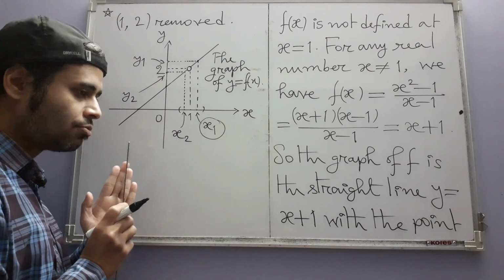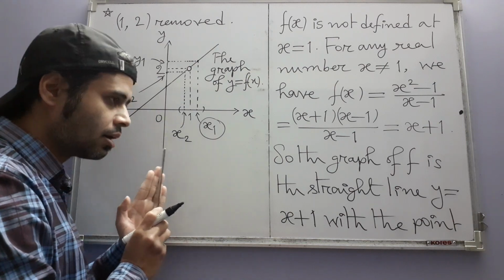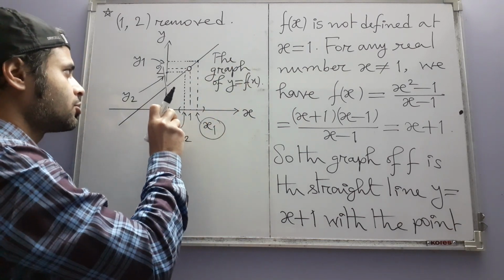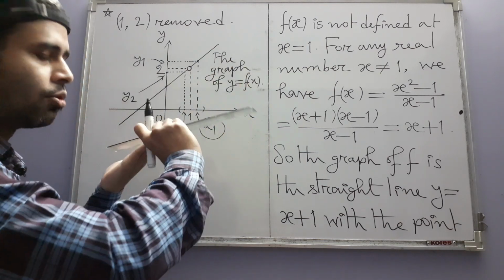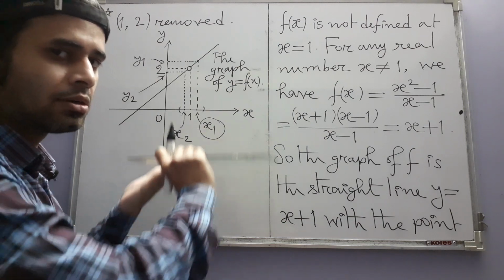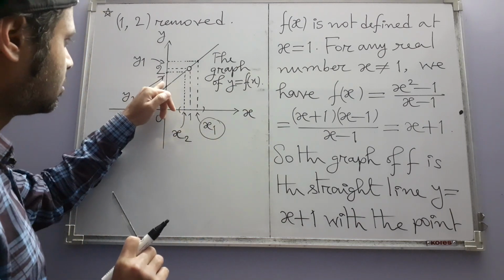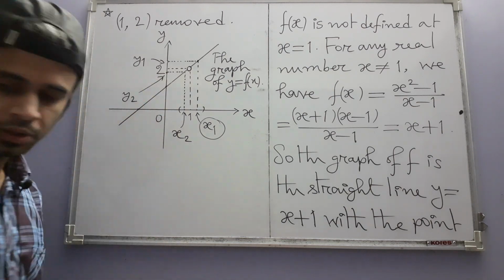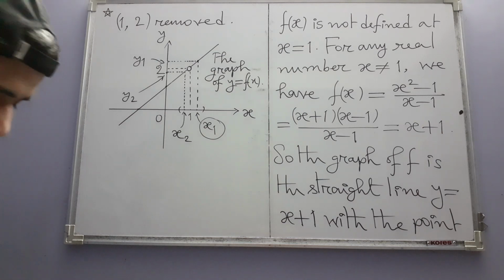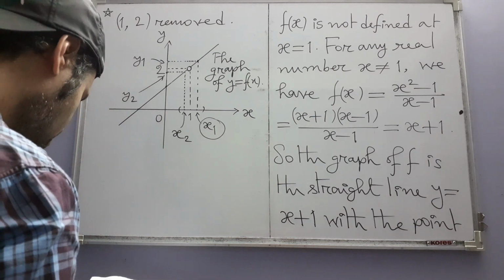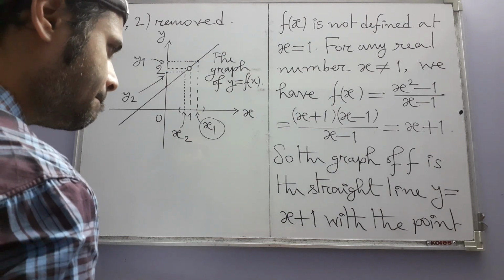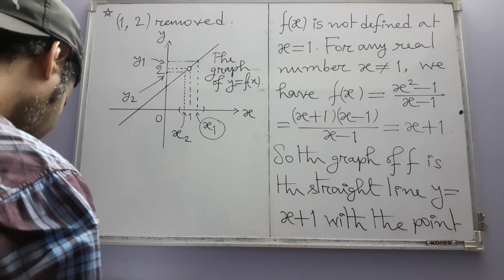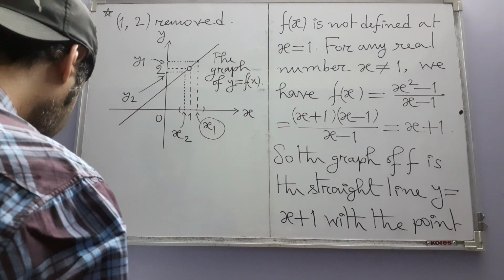Similarly, if your x2 value slides towards 1 from the left side, then due to the graph going like this, the corresponding y2 value will go up towards 2 and will be even closer to 2 than how close it is right now. So that's why we can say, or rather the authors have said this. Yeah, so this is the thing. The exact thing that Thomas and Finney say is just simply this.